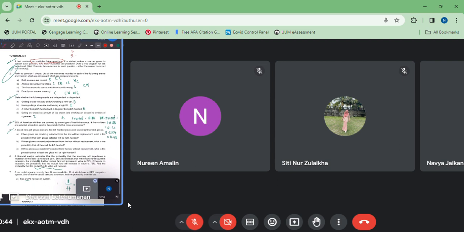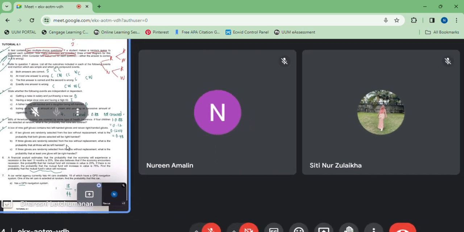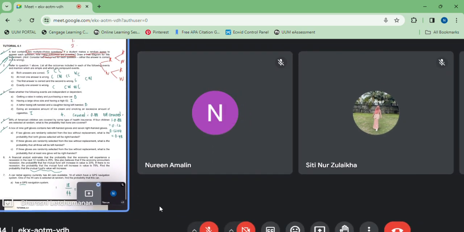So from here, if they say draw a tree diagram, you will know there's two peringkat to it, like this and like this. The cabang is like this. They say, if they make a random guess, how many outcomes are possible? When we answer a question, there's only right or wrong, right? So it'll be right, wrong, right, wrong, right, wrong. Okay, this is just for tree diagram.